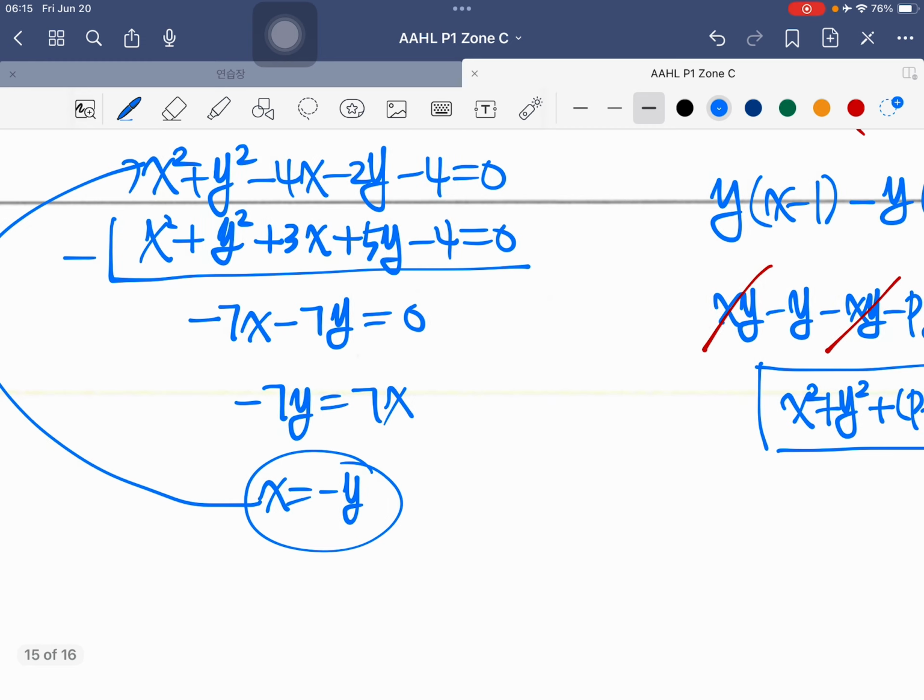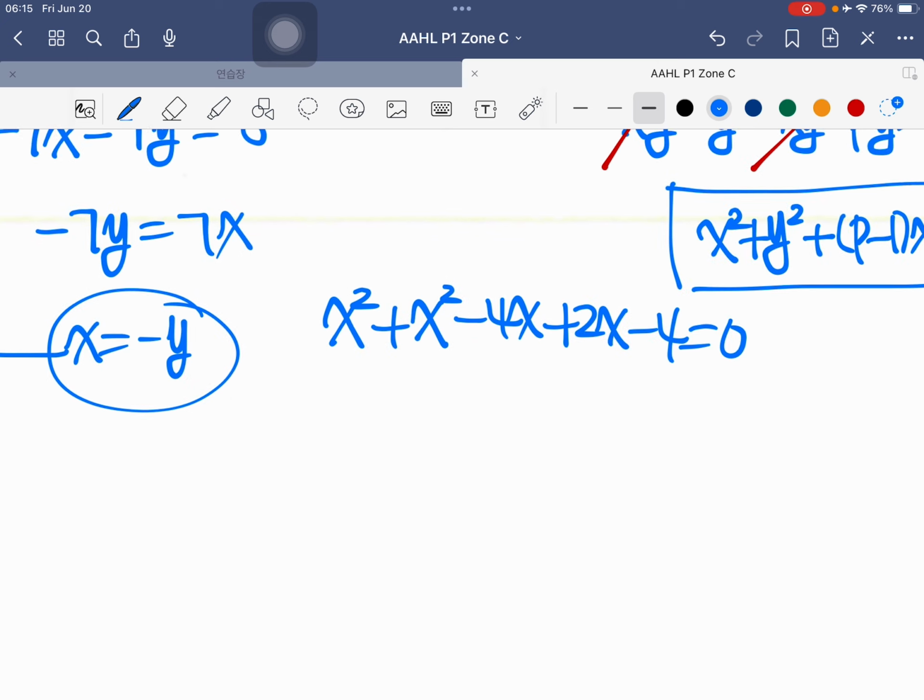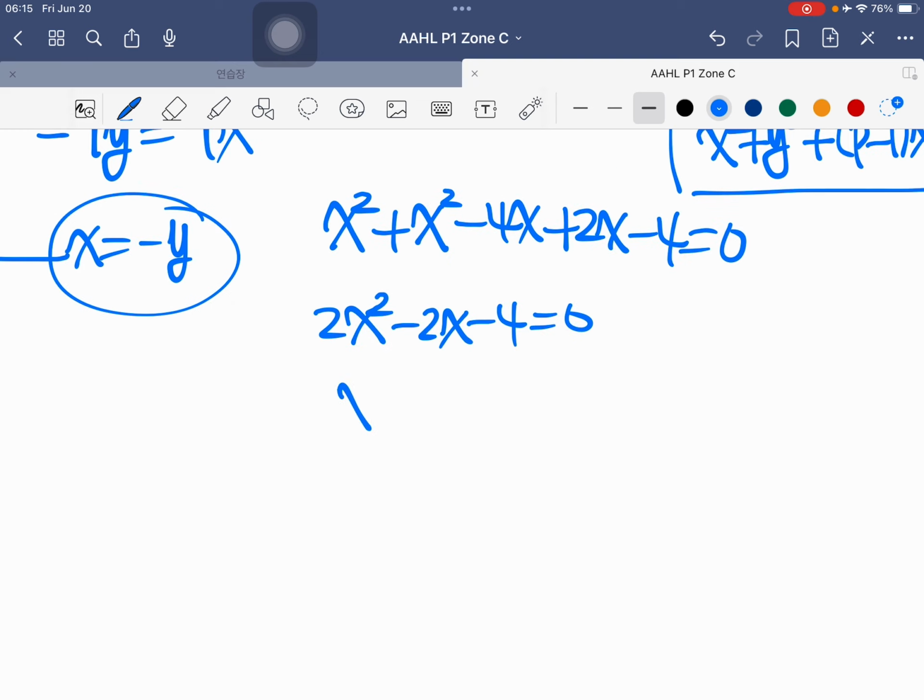We got x squared, y is negative x, so negative x squared is plus x squared, minus 4x, y is negative x, so plus 2x, minus 4 equals 0. We got 2x squared minus 2x minus 4 equals 0. So divide both sides by 2, we got x squared minus x minus 2 equals 0.